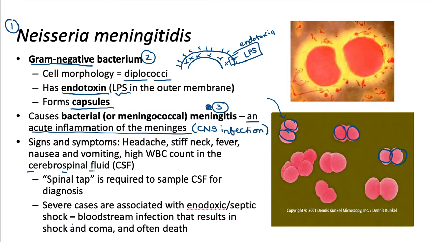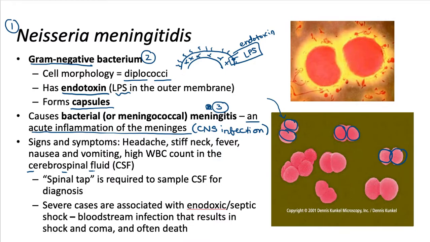The most likely cause of death is when this endotoxin gets into the bloodstream. If the infection reaches a severe level, the cells multiply to the extent where they start shedding their LPS, or endotoxin, and that endotoxin can cross back into the bloodstream and result in septic shock and coma.